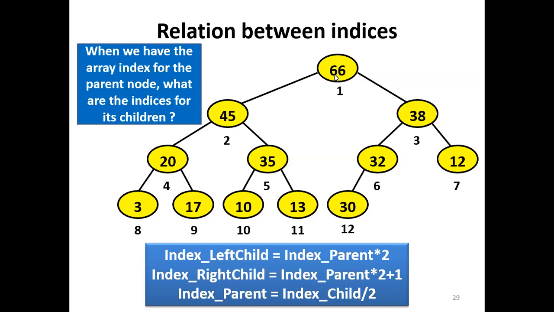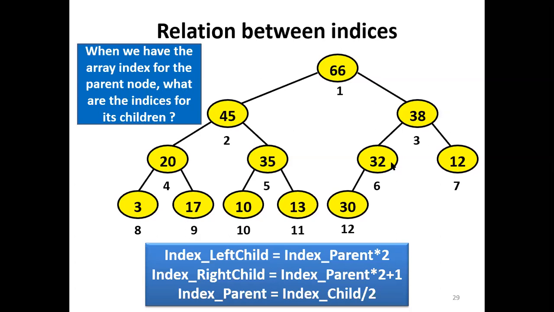If we multiply the parent's index by 2, we're going to have the index number of the left child node. Likewise, we can get the index number of the right child node by multiplying the parent's index by 2 and adding 1. So if we multiply this by 2 and add 1, we're going to have 3.